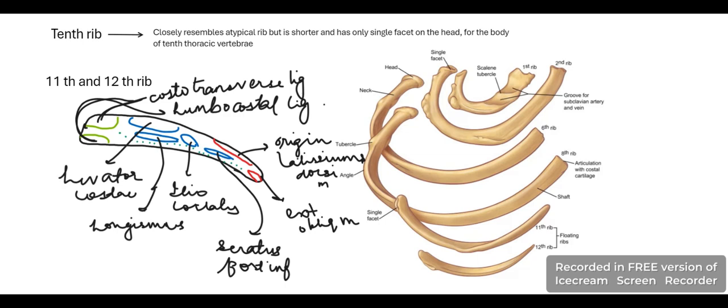And on the lower border, the structure attached is the middle layer of the thoracolumbar fascia. This dotted line of green color I have marked here is the middle layer of the thoracolumbar fascia.